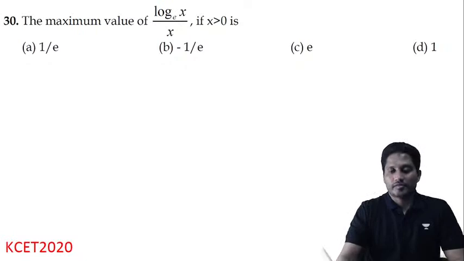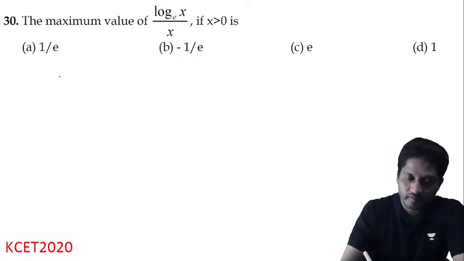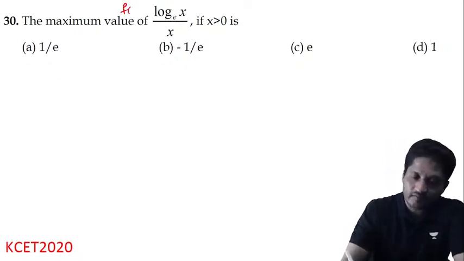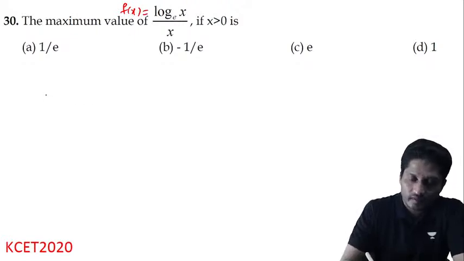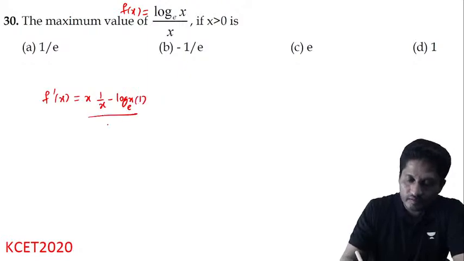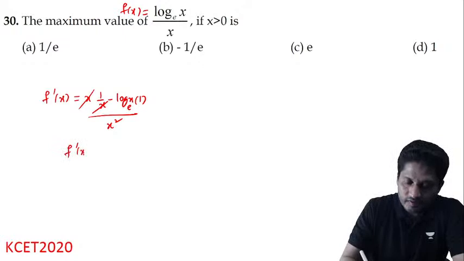Right, let's move to the next question. The maximum value of this function is, let us use maxima and minima. I'll take this as f of x. f dash of x is equal to denominator times differentiation of numerator minus numerator times differentiation of denominator, by denominator the whole square, which is x square. f dash of x is equal to 0, so 1 minus log x divided by x square is equal to 0.